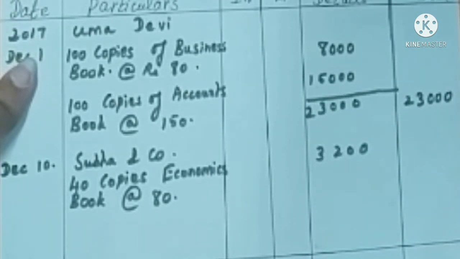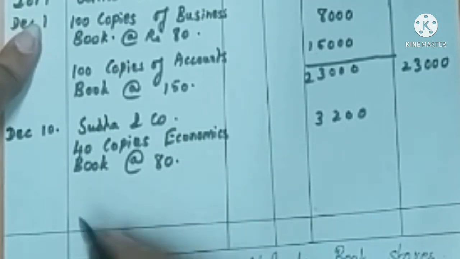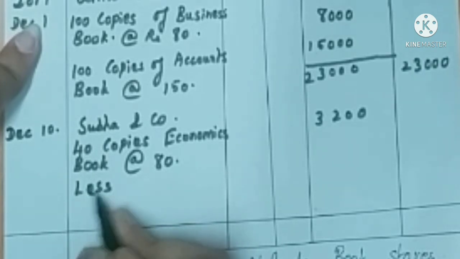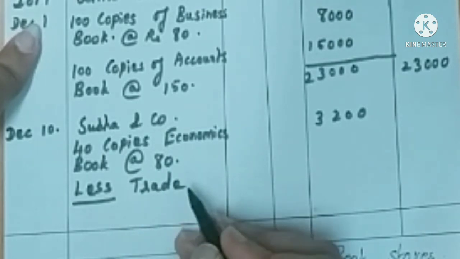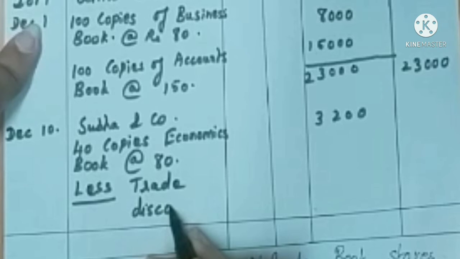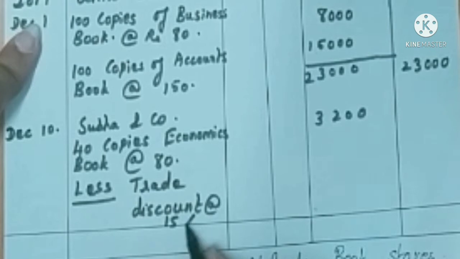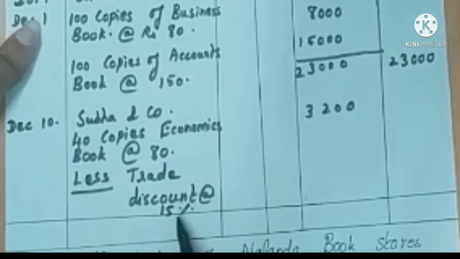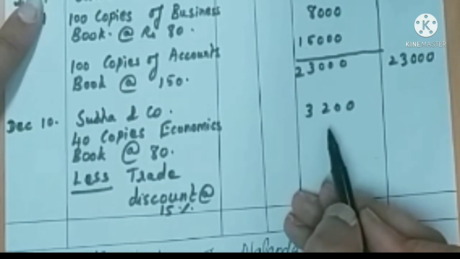3,200. Then again, we are getting trade discount for this. Trade discount is 15%. So less trade discount at 15%. So when we find trade discount on this 3,200, we get rupees 480.